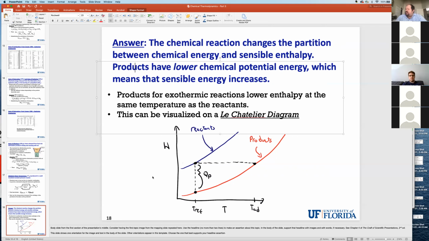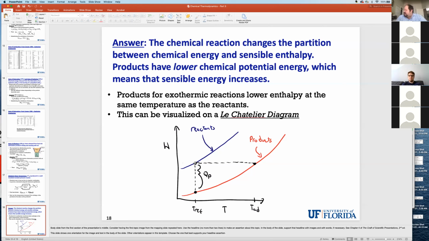If you look at this, it's sometimes called a Le Chatelier diagram. We just plot the enthalpy as a function of temperature for the pure reactant state and the pure product state. Notice that the adiabatic flame temperature is a constant enthalpy process when we go from the reactants to the products.